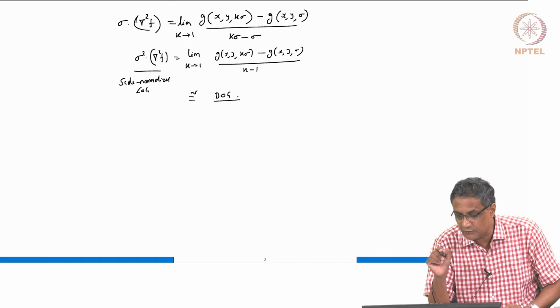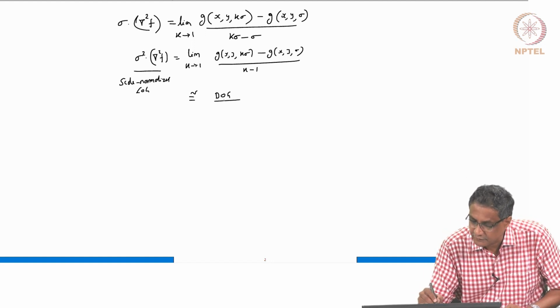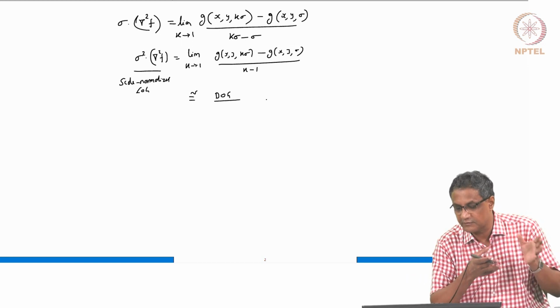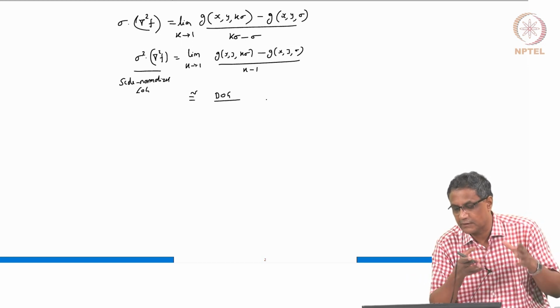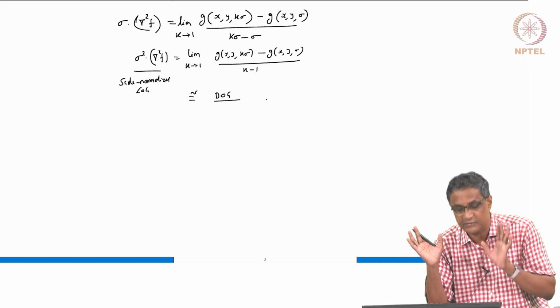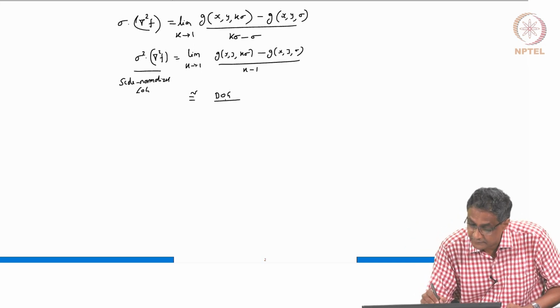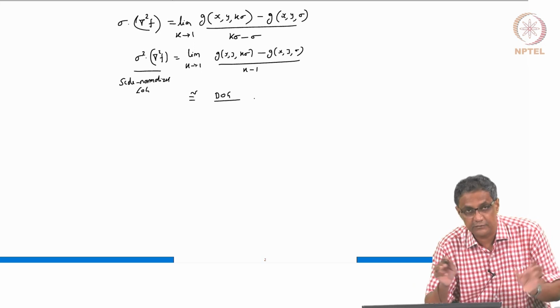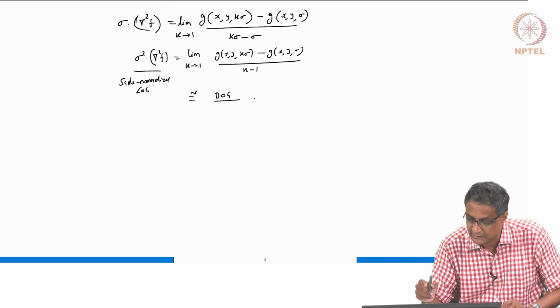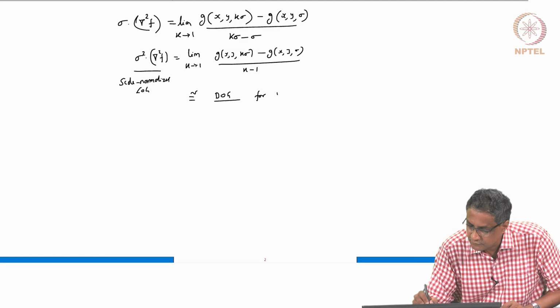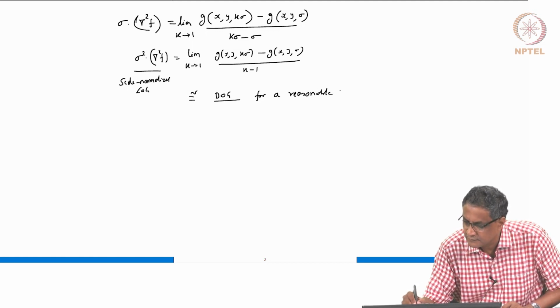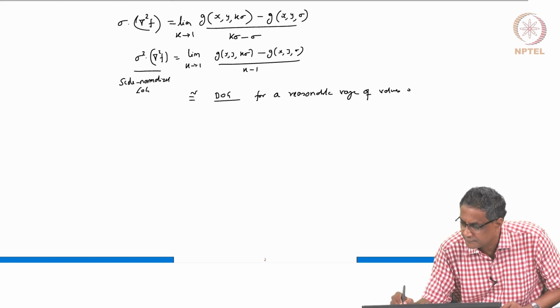But in reality, what is found is that it is approximately equal to simply a difference of Gaussian, which means you can simply say g of x comma y comma k sigma minus g of x comma y comma sigma is approximately a difference of Gaussian, which is what DoG is. You just take one Gaussian and subtract it from the other for a reasonable range of values of k. Now this is kind of empirical.